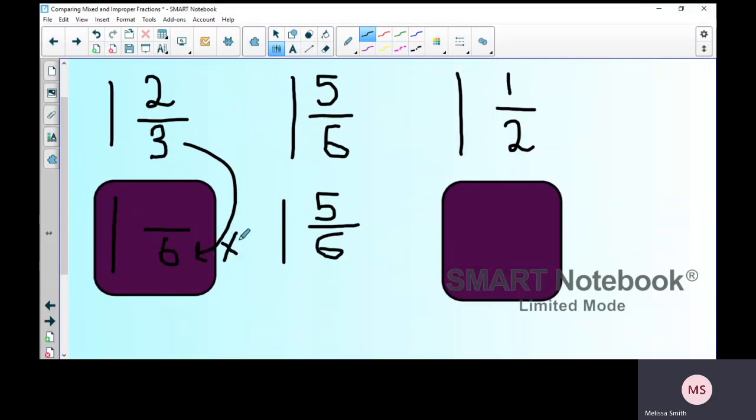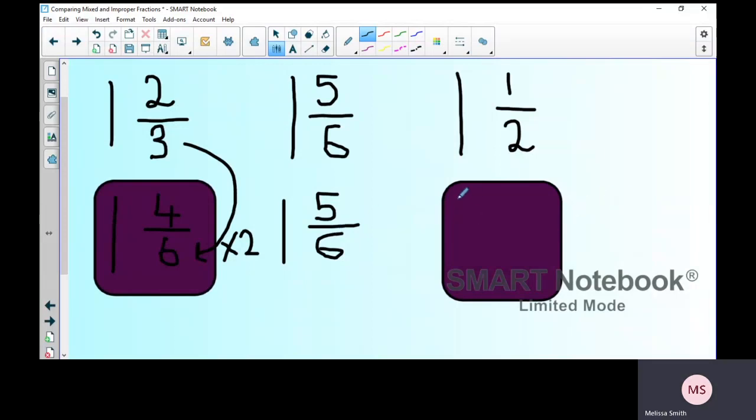I multiply it by 2. 3 times 2 is 6. Whatever I do to the bottom number, I have to repeat that process to the top number. 2 times 2 is 4. So now I have 1 whole and 4/6, I have 1 whole and 5/6, and I've got my last fraction here.